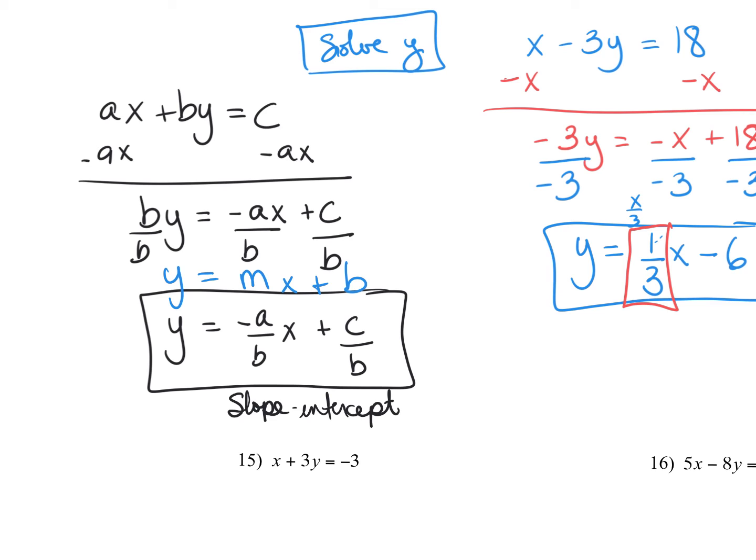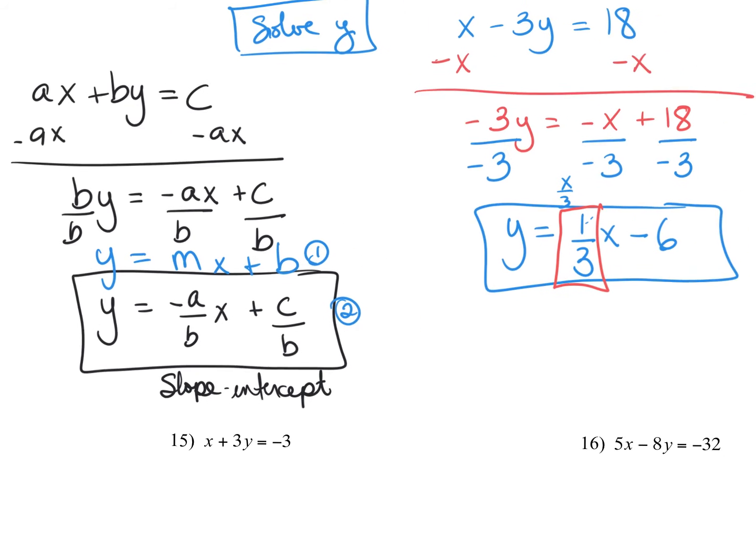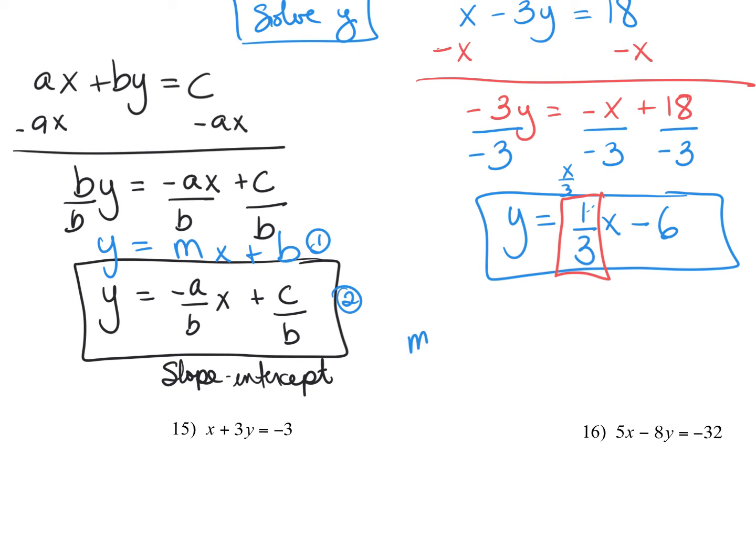Now, if you have been introduced to the transitive property, we know that if any two things are equal to the same thing, then they're equal to each other. And you'll notice both equations are equal to y. So therefore, they're equal to one another. So I can say that m is equal to negative a over b.